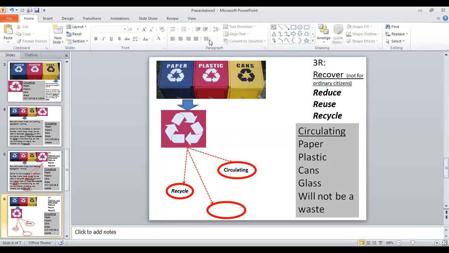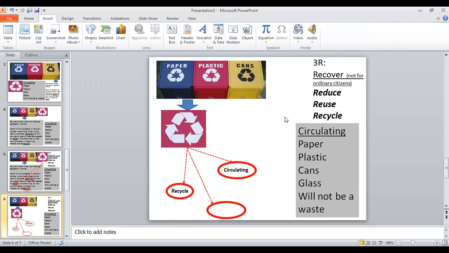Yes. Okay. So circulating, recycling, and what else? This tells that, one more thing. No loss. It's not a loss. So it is not a waste.